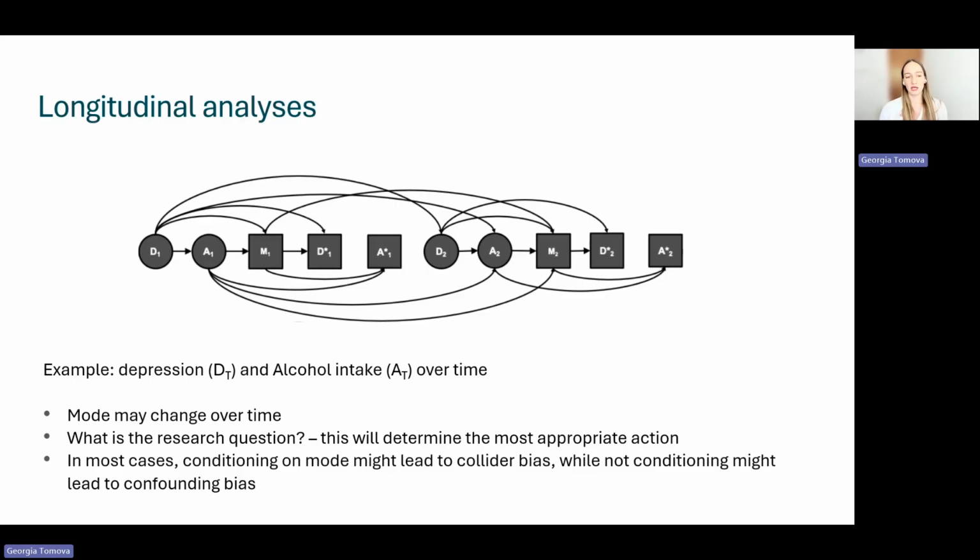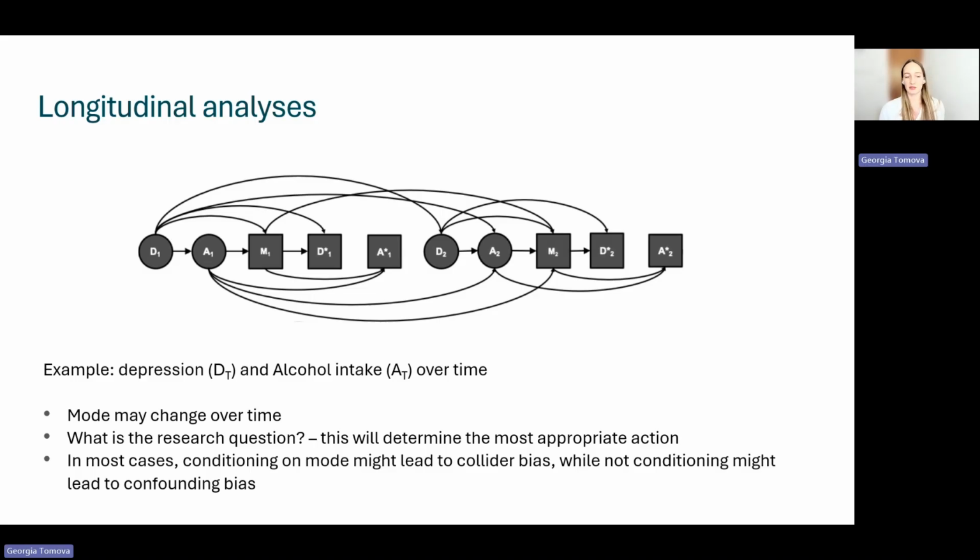And we can see that most of these variables are causally related in some way. Although this might appear much more difficult to figure out, we can use the exact same principles that I've introduced so far to try and figure out what to do. And there isn't really one general solution. It always depends on what the research question is.